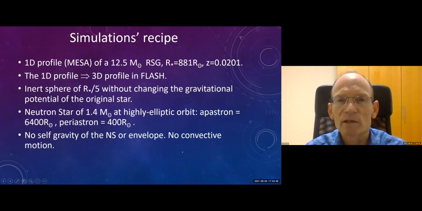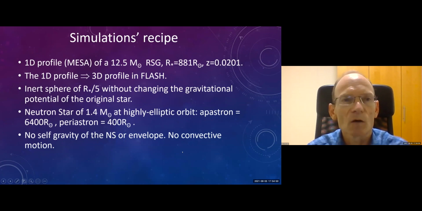So what's the secret recipe for making such a simulation? We start with a 1D profile from the MESA code. We took that of a 12.5 solar mass red supergiant with a radius of almost 900 solar radii and metallicity of 2%. We expand the 1D profile to a 3D profile in the FLASH code.